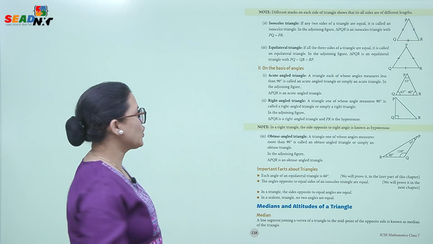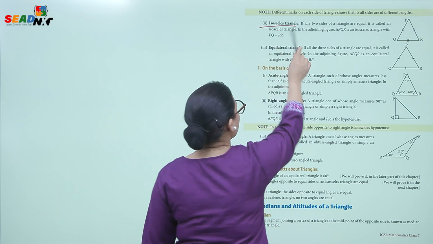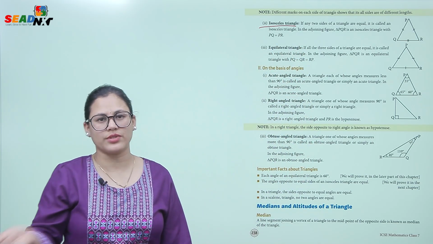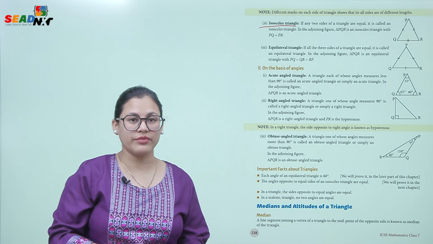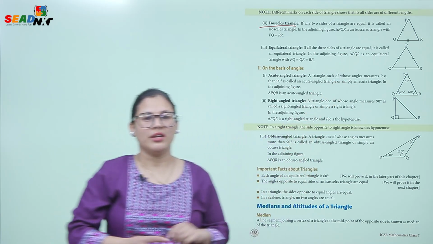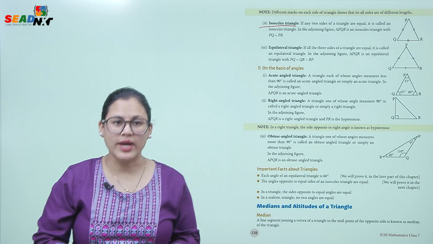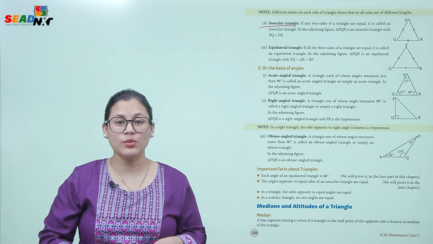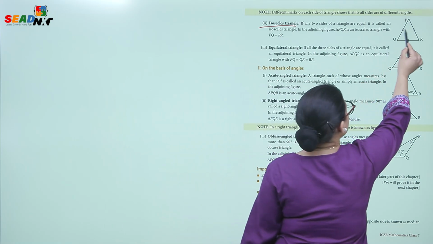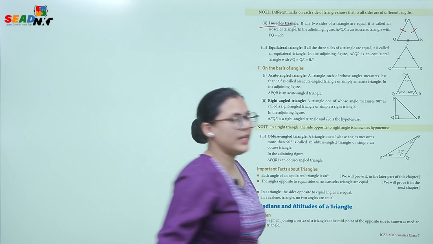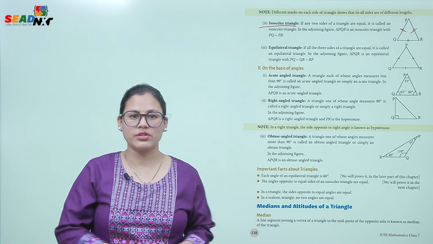Number two is isosceles triangle. If any two sides of a triangle are equal, it is called an isosceles triangle. In this figure, triangle PQR is an isosceles triangle with PQ equal to PR, meaning these two sides are equal. And number three is equilateral triangle.